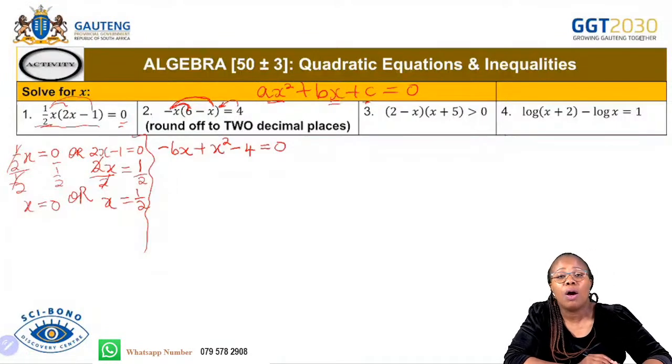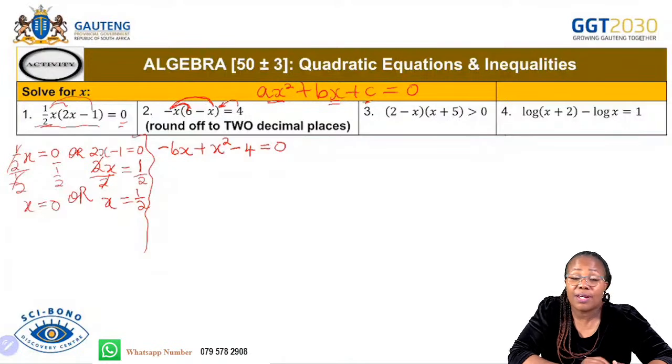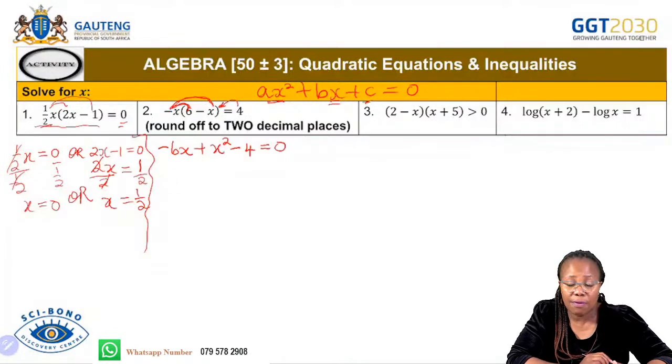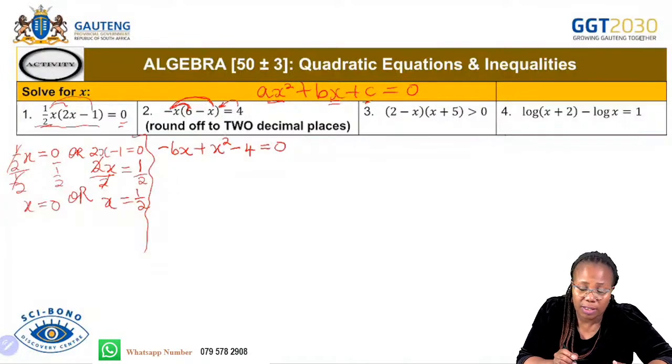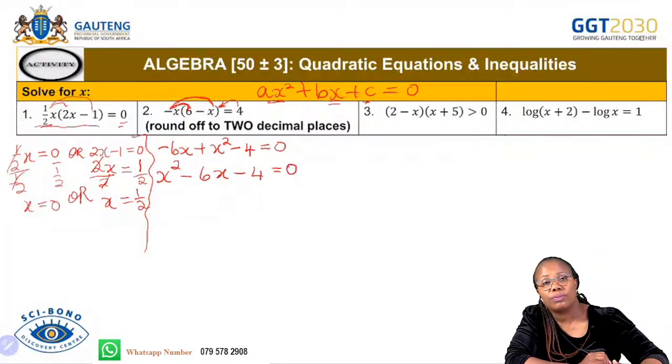So we are going to rearrange this trinomial into that format. And then now let's do that grade 12. We are starting with the x squared followed by the minus 6x. And then the last constant is minus 4 equals to a 0.